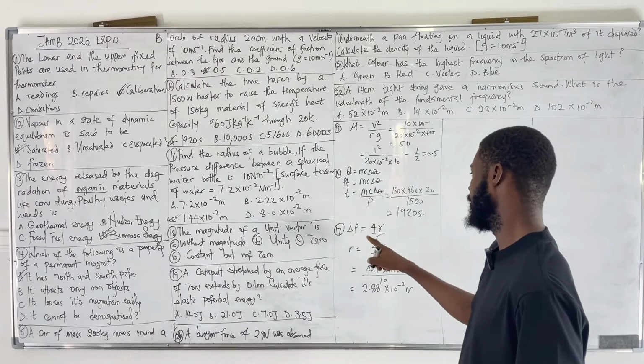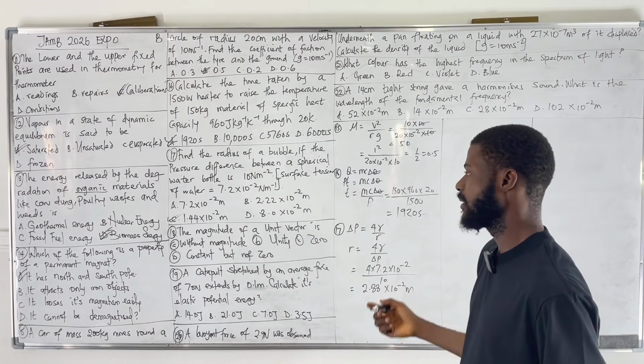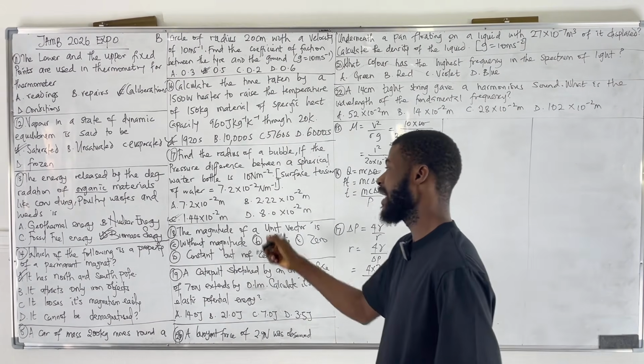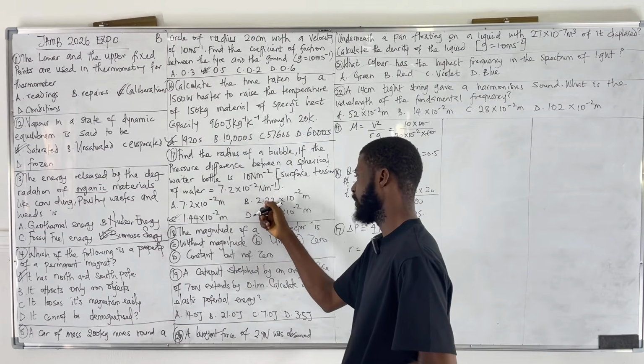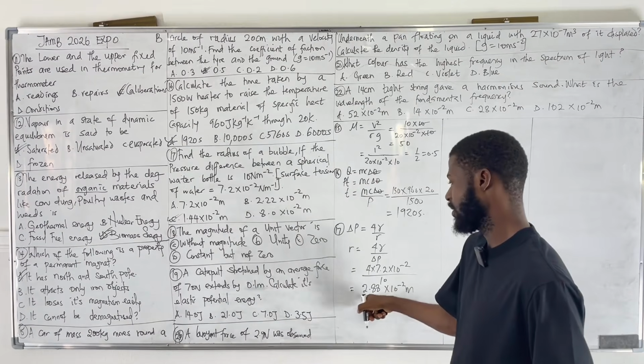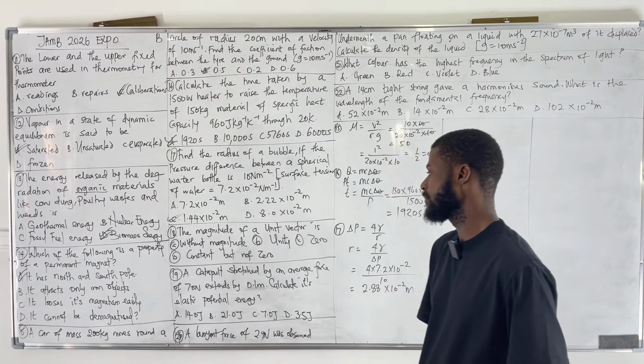So the bubble, the pressure here is going to be 4. This constant has to be here. But of course, the answer is not there. So I don't want to pick this one because it's very far. So this one is better because this is a scaling of this. If you double this, you get this. So that's why I'm picking that.